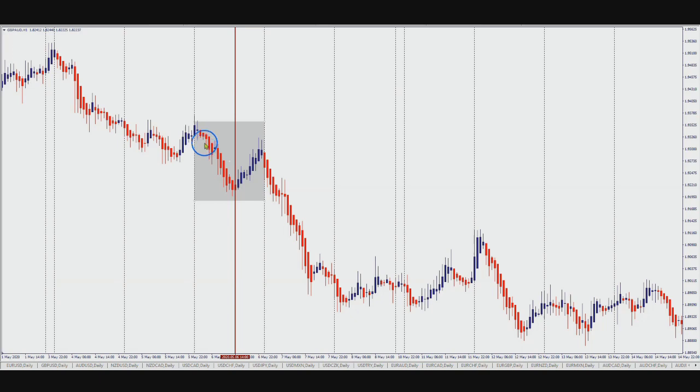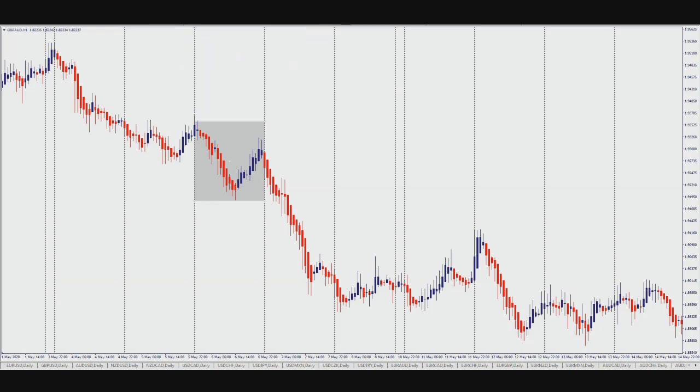If you know that when this day starts you're looking to sell, you're in a seller's market, it's been established on the higher time frame. If you know that right here you're looking to sell, your only job as a trader is to be able to identify the high of this day.